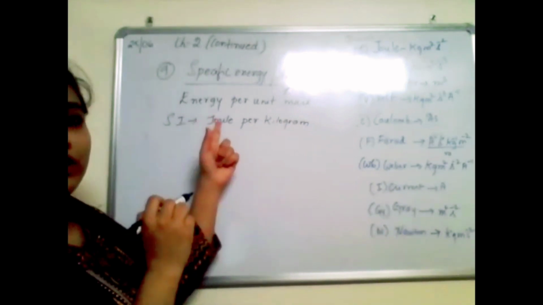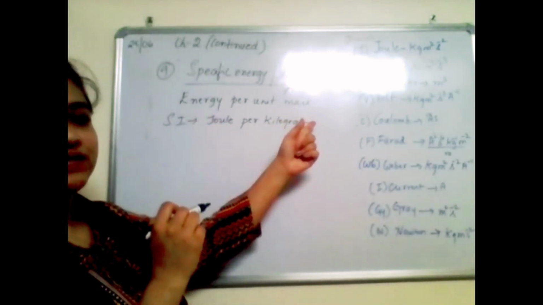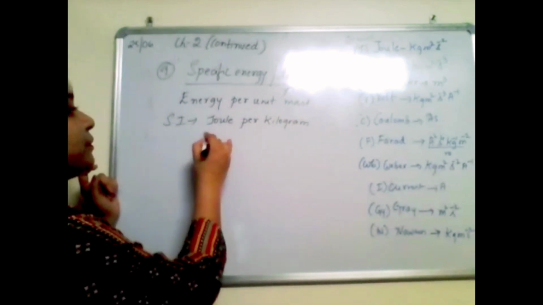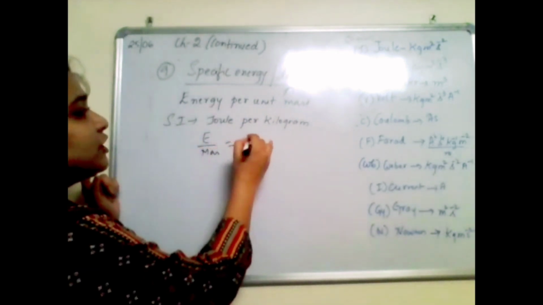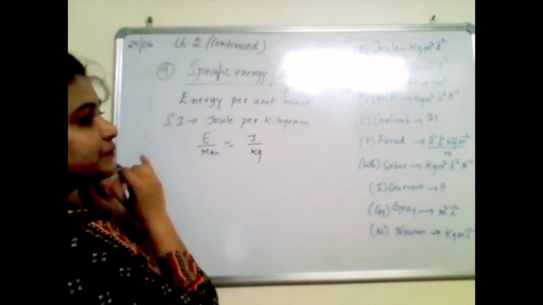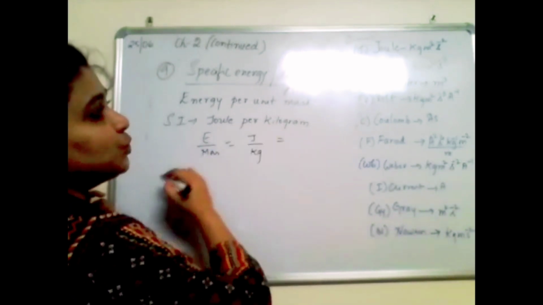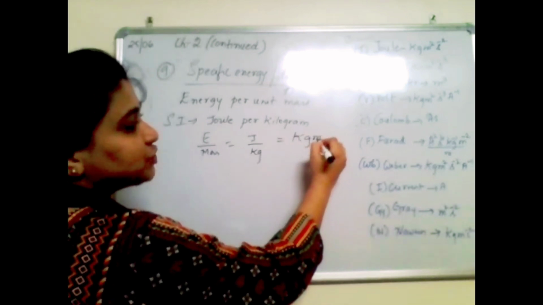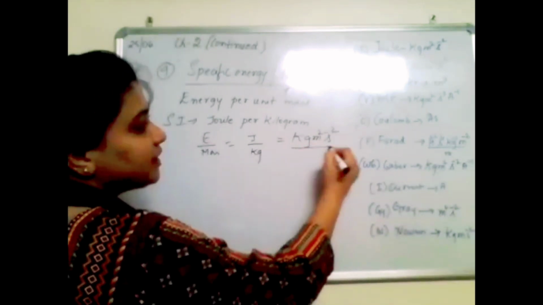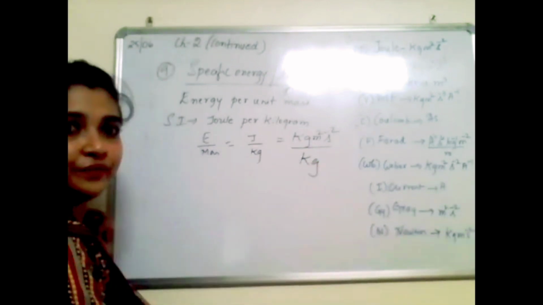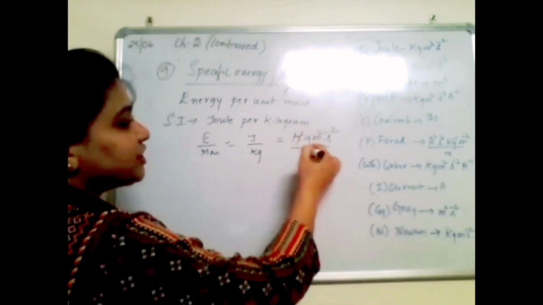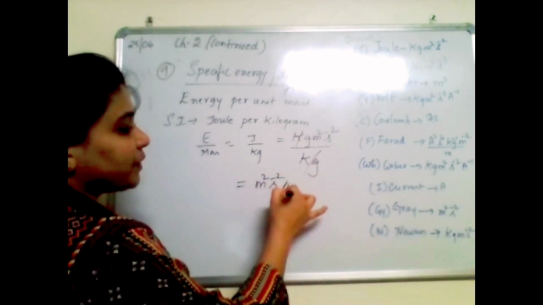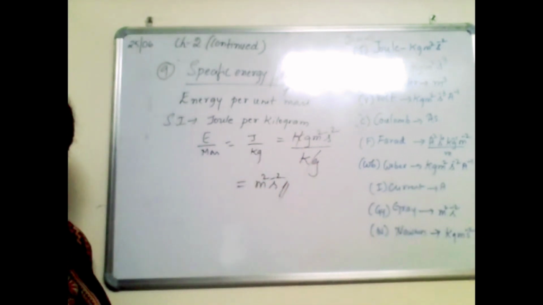Because energy is involved. Why kilogram? Because mass is there. Now what is joule? We know it is Newton meter, that is kg meter square per second square, divided by kg. So kg gets cancelled, remaining meter square per second square. Clear? Easy?